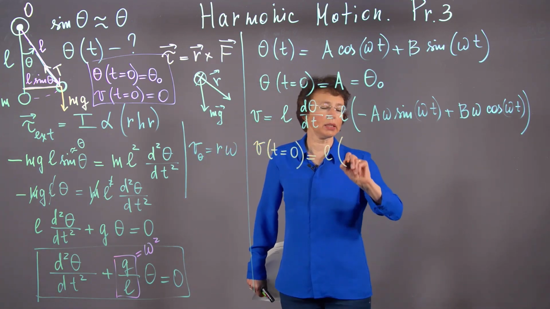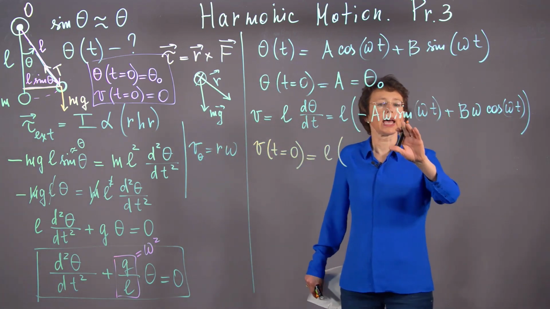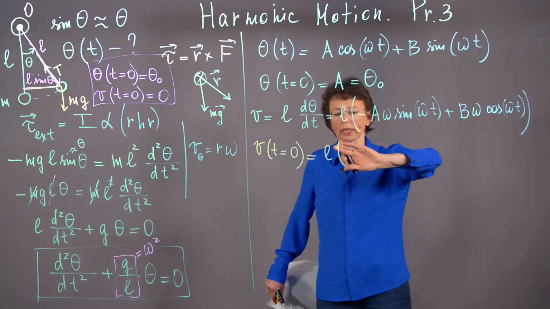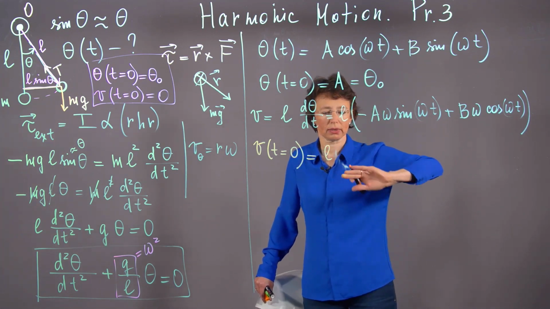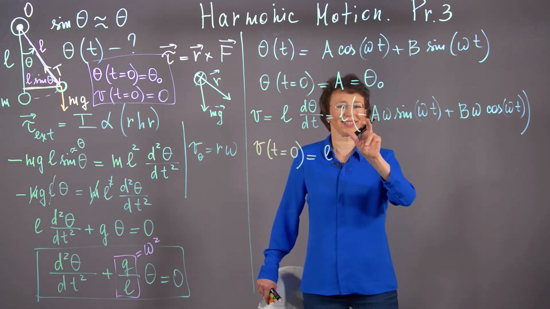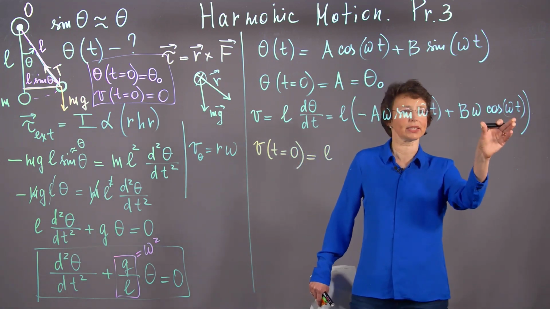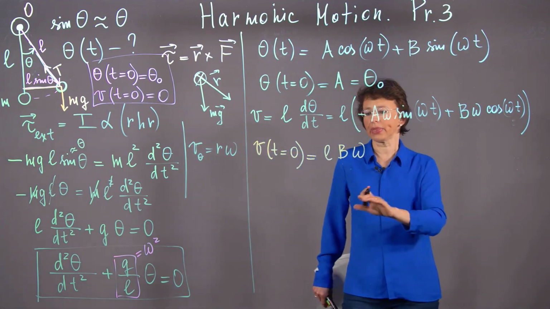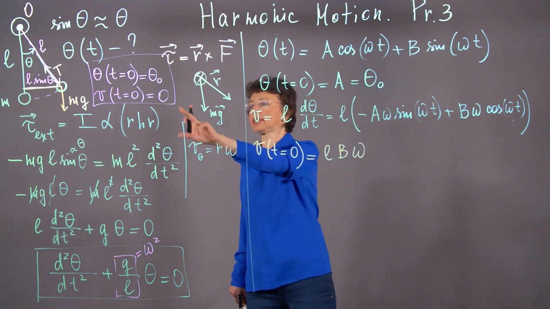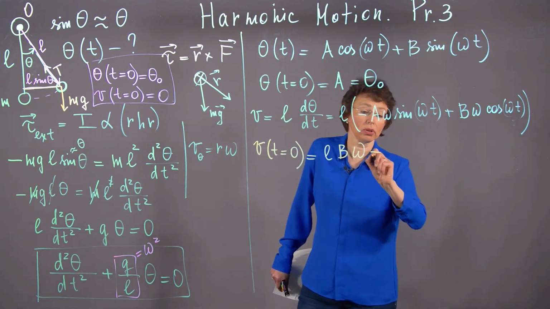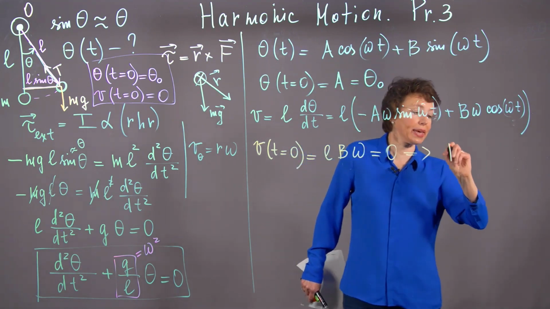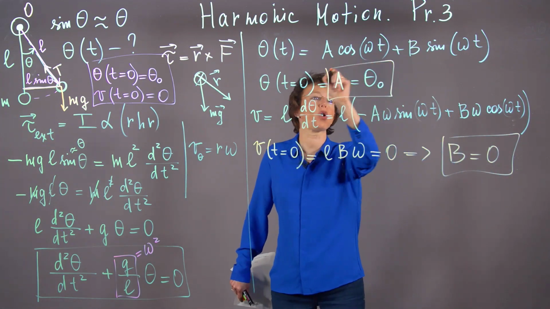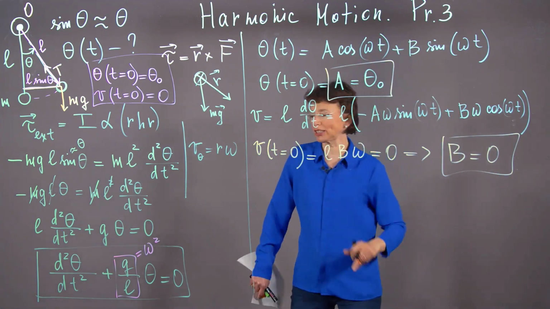L, and then sine 0 is 0, cosine 0 is 1, so I have L B omega. And this L B omega is equal to 0, which gives me B. B is 0. Okay, now we know A, we know B, all that is left is omega.